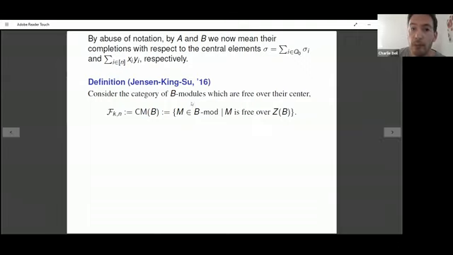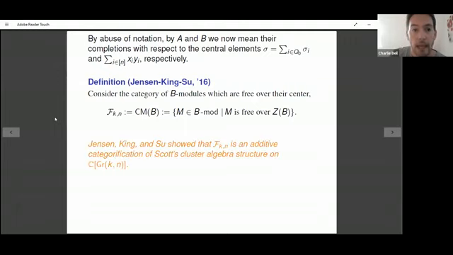So these are B modules that are free over their center. And Jensen, King, and Su showed that this category, which they call FKN, is an additive categorification of Scott's cluster algebra structure on the coordinate ring for the Grassmannian of K-planes in n-dimensional space.